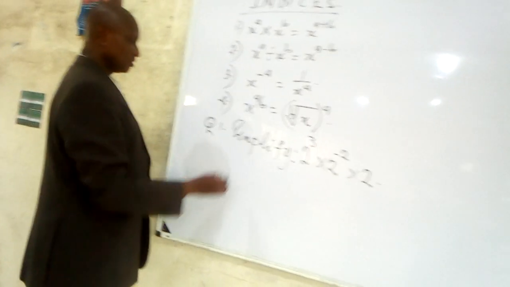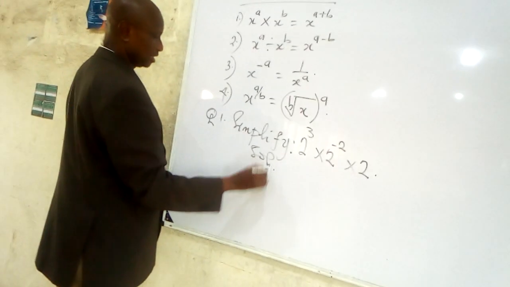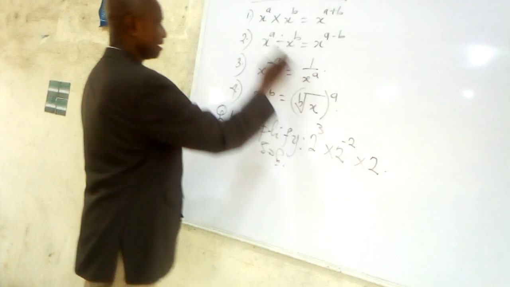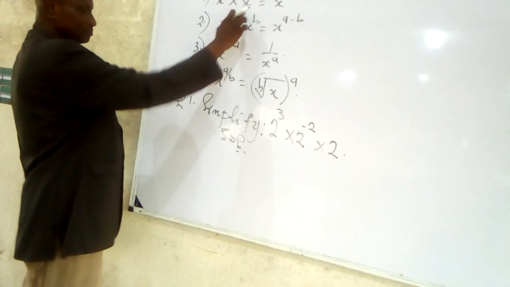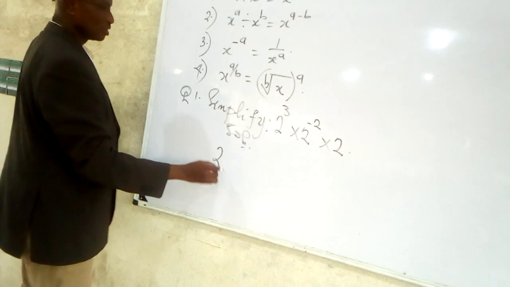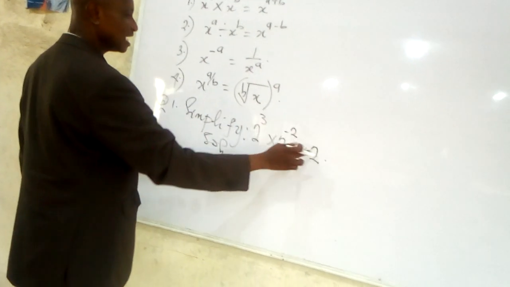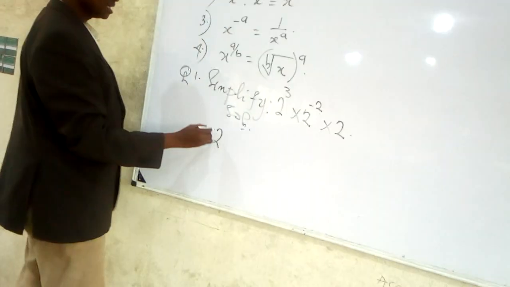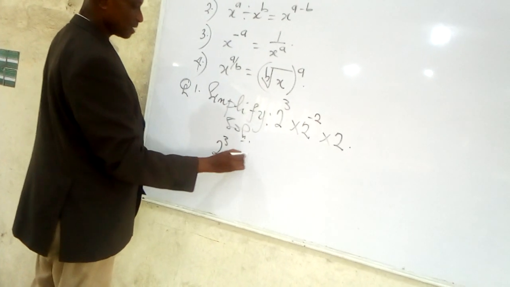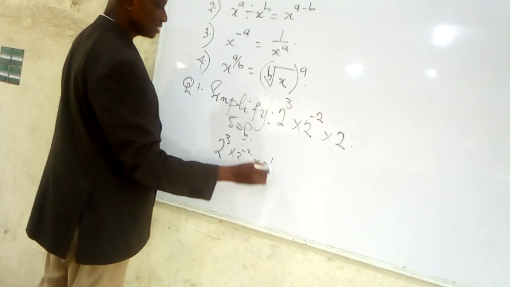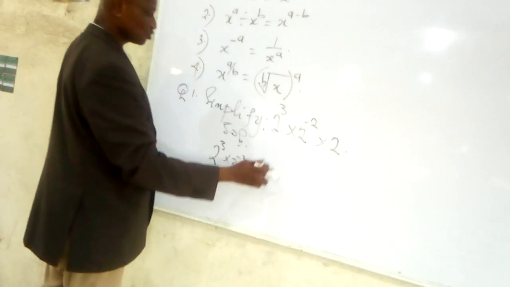The solution to this is to pick one of the bases, as the law reflects in concept 1, that is to pick 2. Then the power values, the exponential values, you add them. This will be 2 raised to the power 3 times 2 raised to the power minus 2 times 2 raised to the power 1. Remember that this 2 means 2 raised to the power 1.